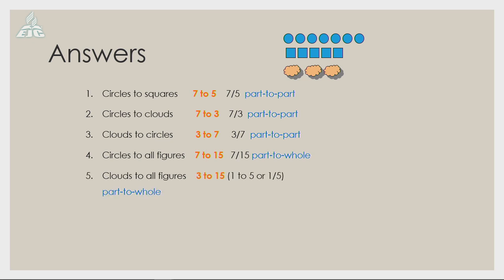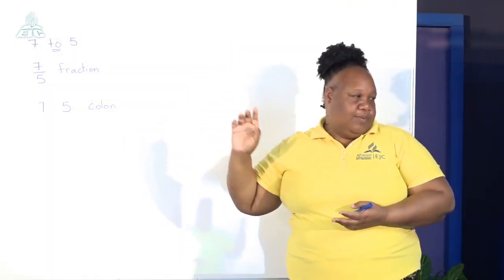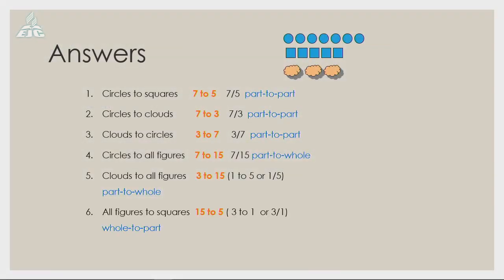Then we go to number 5, clouds to all figures. 3 clouds to 15. 15 represents all figures. We can write it as a fraction, using the colon, or using the word "to". Number 6, all figures to squares.